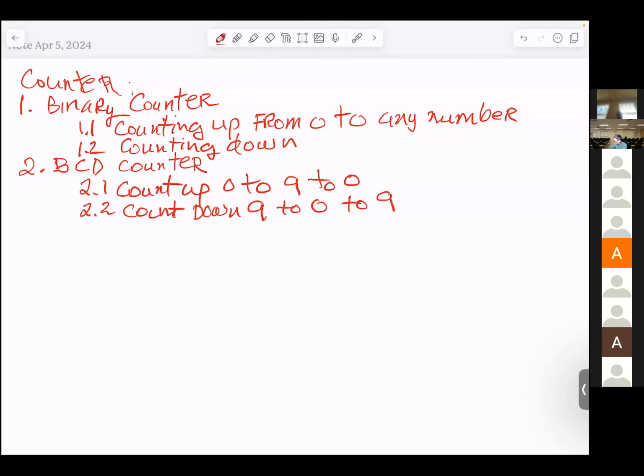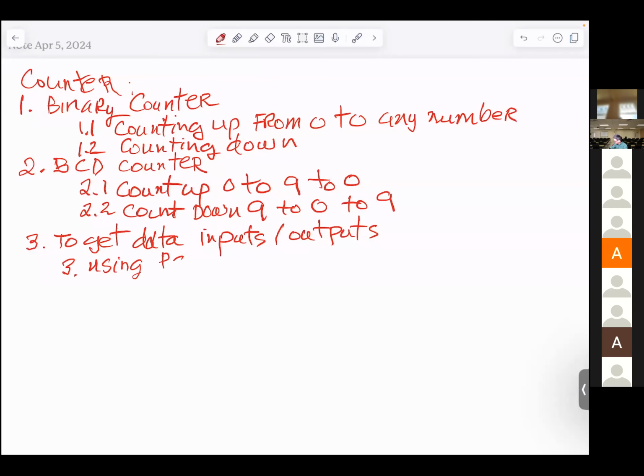Okay, so to get the input and output data, you can use PSPICE simulation.